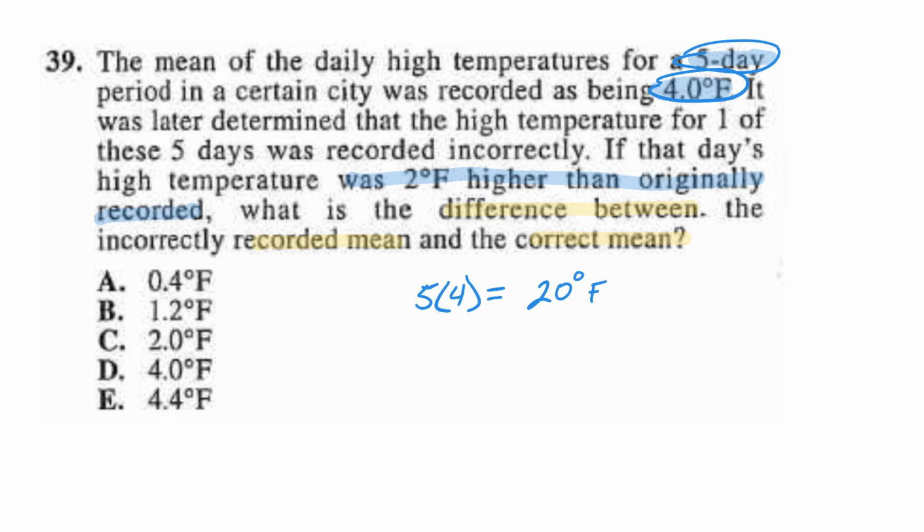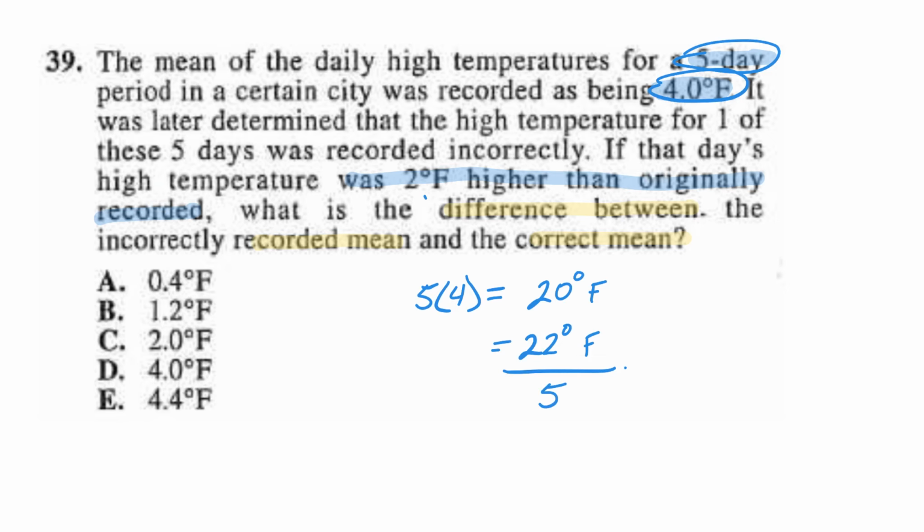But what we're told is the day's high was 2 degrees higher than originally recorded, so instead of 20 degrees Fahrenheit, one of those days, it doesn't even matter which day, will make our total up to 22 degrees Fahrenheit.